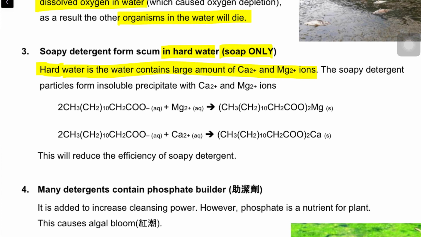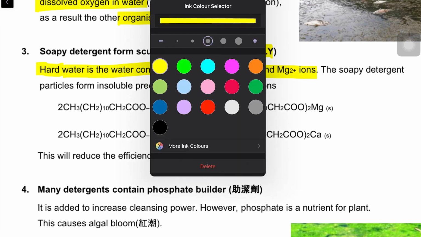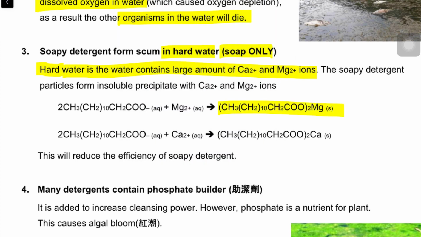Now, they will react with the magnesium ion or calcium ion to form insoluble salt. So what's wrong with the insoluble salt? You can see, by combining with the calcium or magnesium ion, our soapy detergent now becomes not mobile.